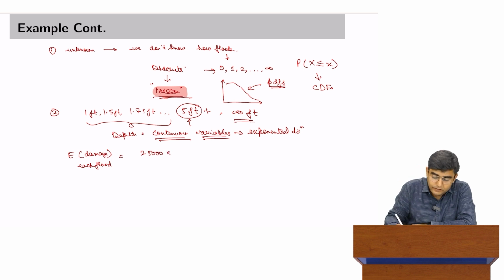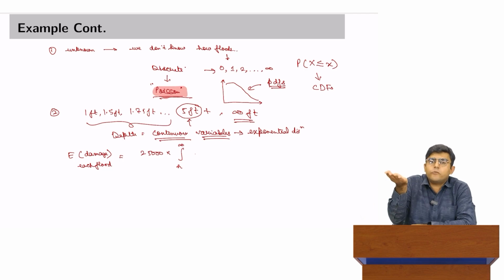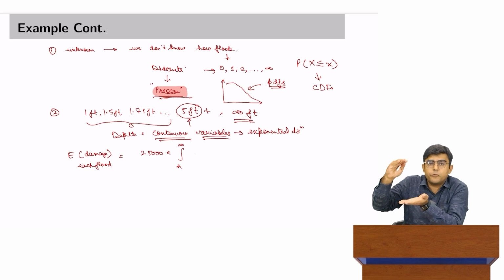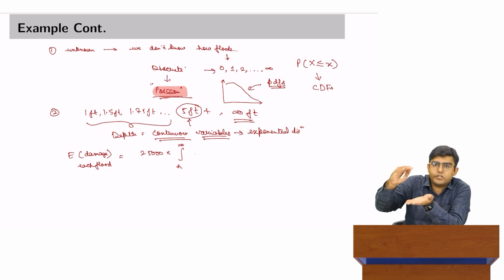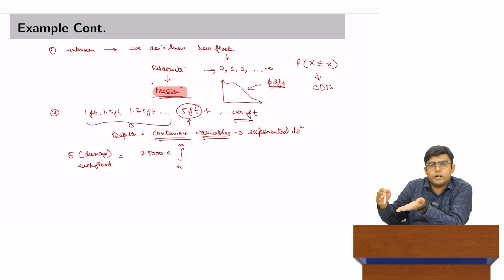And this particular flood would ultimately cause damage if the height of water is greater than h, because if we provide a coffer dam of height h and that h is overtopped, only then is water going to enter our construction site.